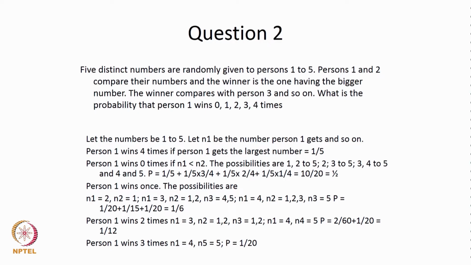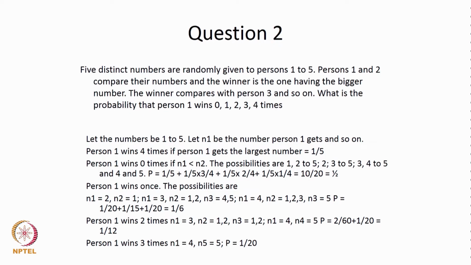The other case is person number 1 gets number 4 and person number 4 gets number 5, then person number 1 would have won only 2 times. So, there are only 2 cases and the probabilities are 2 by 60 plus 1 by 20, which is 1 by 12.